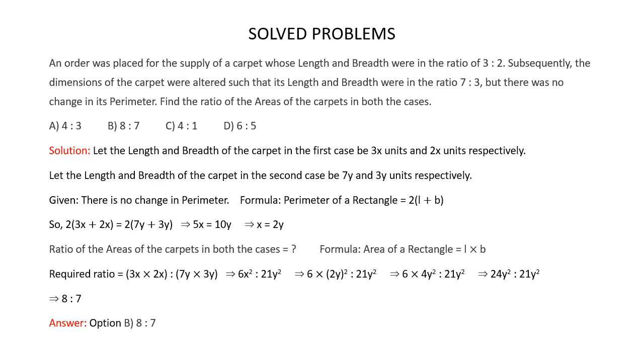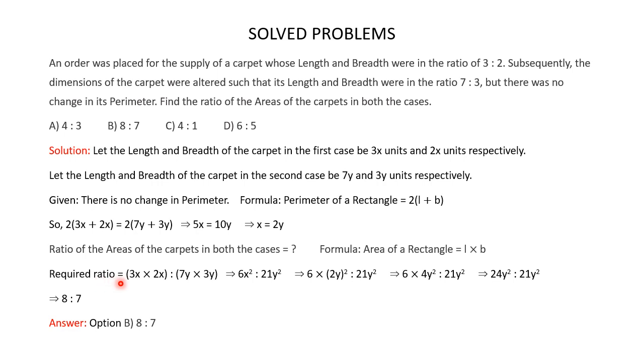Now since the length and breadth of the carpet in the first case is 3x and 2x units respectively, the area of the carpet in the first case would be equal to 3x multiplied by 2x. Now, since the length and breadth of the carpet in the second case is 7y and 3y, the area of the carpet in the second case would be 7y multiplied by 3y. Now we are asked to find the ratio of the areas of the carpets in both the cases.